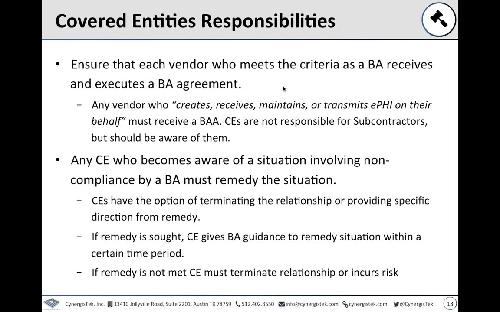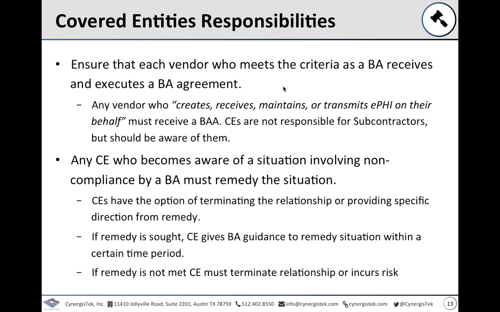So let's take a moment and look at the requirements for covered entities in working with vendors and contractors who are handling PHI.